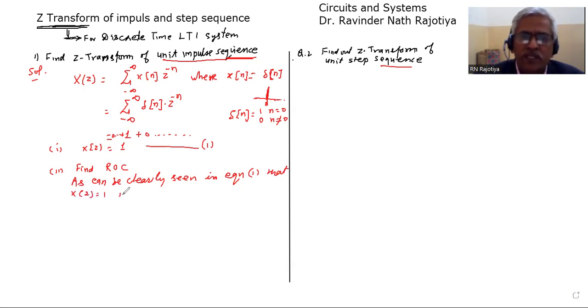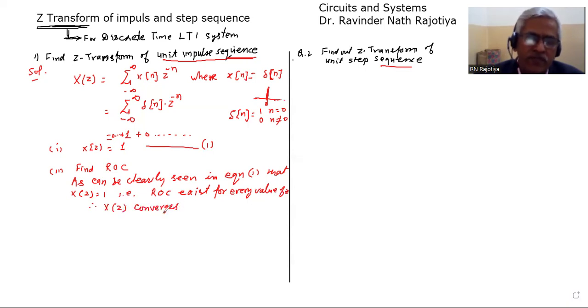That is, the ROC exists everywhere, for every value of z. Therefore, X of z converges.